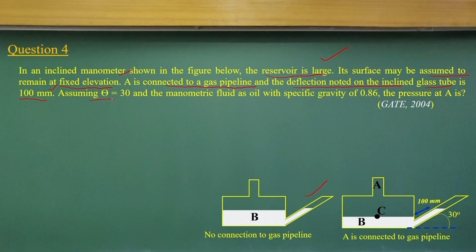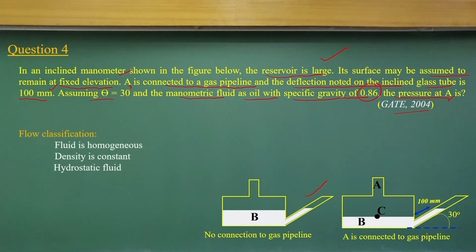The angle of the inclined manometer, theta, is equal to 30 degrees, and the manometric fluid is oil with a specific gravity of 0.86. What is the pressure at point A? This is a GATE 2004 question.